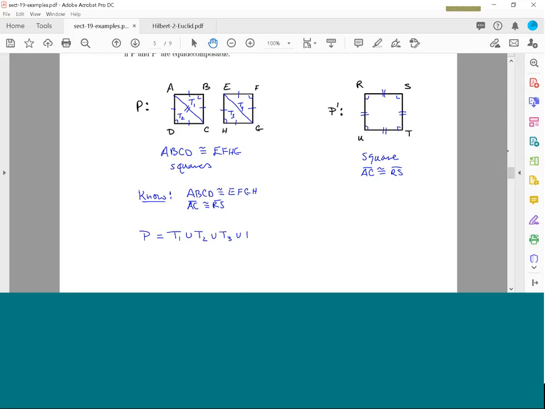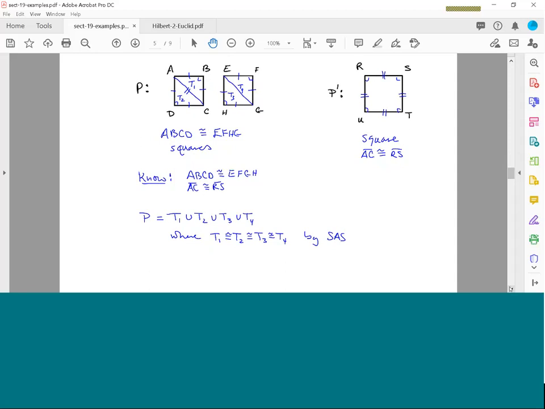And I'm also going to go ahead and claim that all 4 of these triangles are in effect congruent to each other. And there's a couple of different ways you can show that, but the easiest way is simply to use side, angle, side, where the angle is one of your right angles and the 2 sides are the 2 of the sides of your square. And by the markings up here, you can see which ones correspond to which ones.